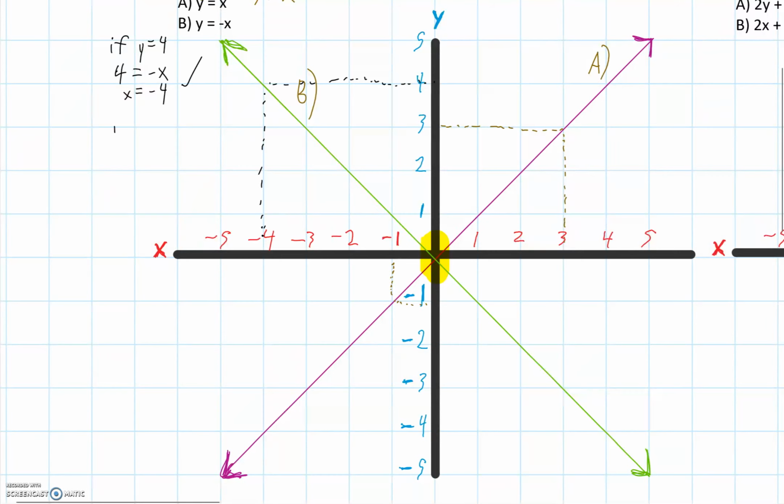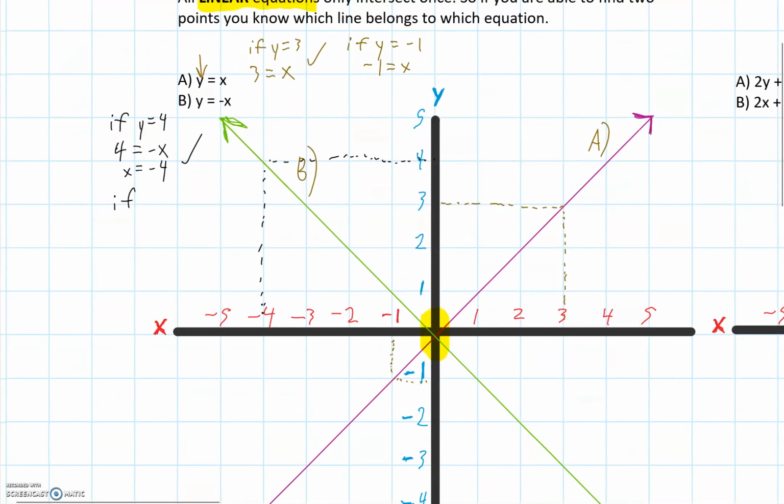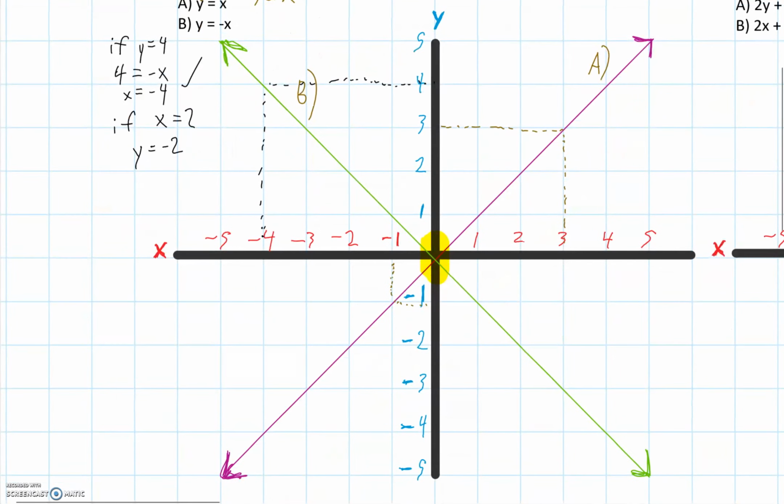Let's see if we can do that again. Maybe let's try it the other way, because we can always do it the other way. If x equals 2, y equals -2, right? So we sub the 2 inside there. If x equals 2, what does y equal?